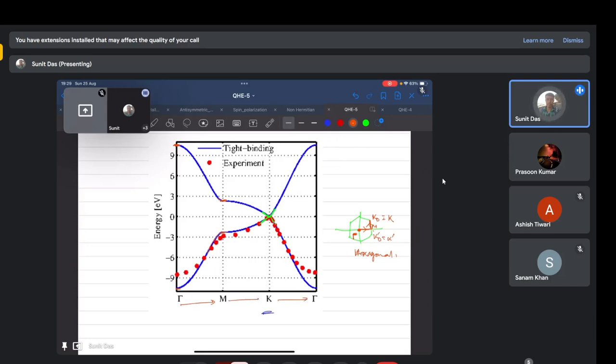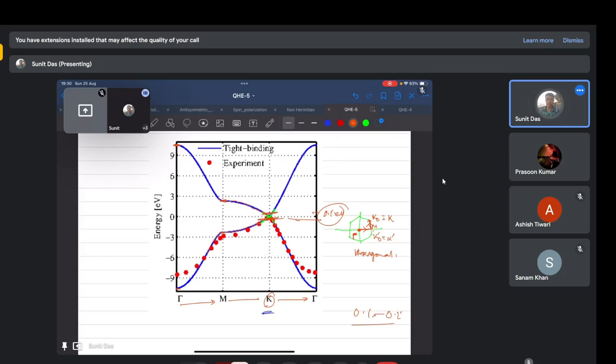As you go from M to K, you are further reducing the energy gap between the valence and conduction band, and exactly around the K point, in a very narrow energy range, maybe only 0.1 eV or something like this. So when you say linear energy dispersion, massless, all of these are concentrated around 0.1, 0.2 eV.